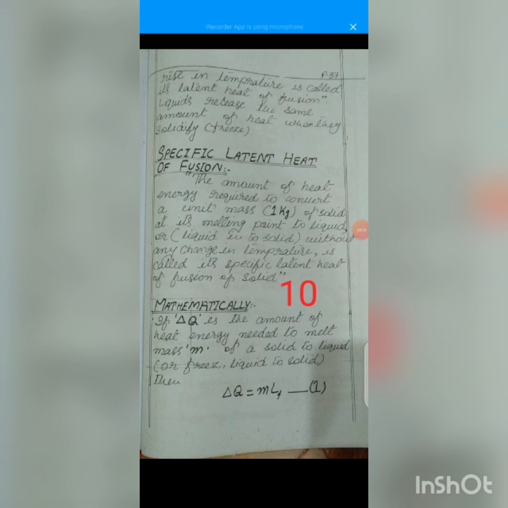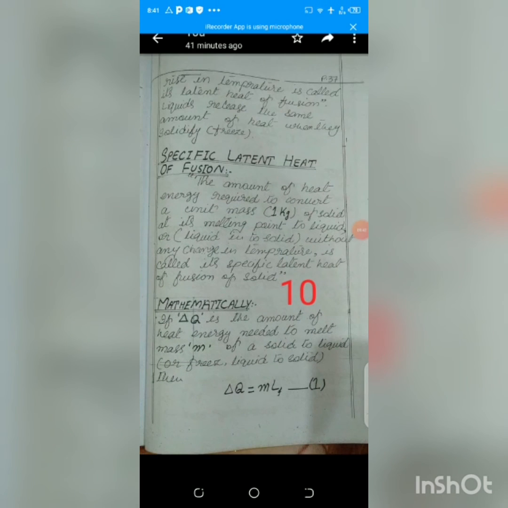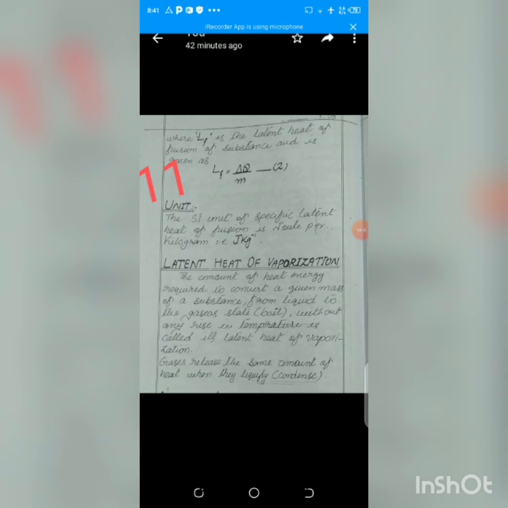Mathematically, if delta Q is the amount of heat energy needed to melt mass m of a solid to liquid, or freeze liquid to solid, then delta Q equals m Lf, where Lf is the latent heat of fusion of a substance, given as Lf equals delta Q by m. The SI unit of specific latent heat of fusion is joule per kilogram.